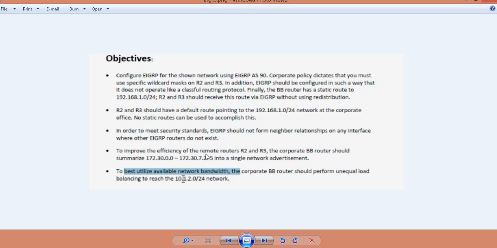To improve the efficiency of the remote routers 2 and 3, the corporate backbone router should summarize from this to this into a single network segment. That's done. Then the last objective tells us to best utilize available network bandwidth. The corporate backbone router should perform unequal load balancing to reach the 10.1.2 network.